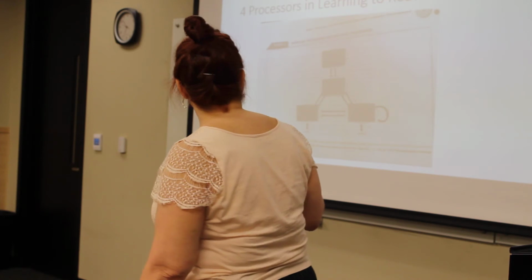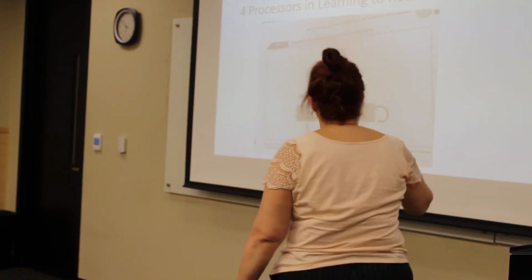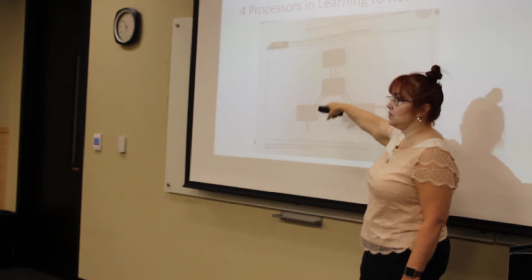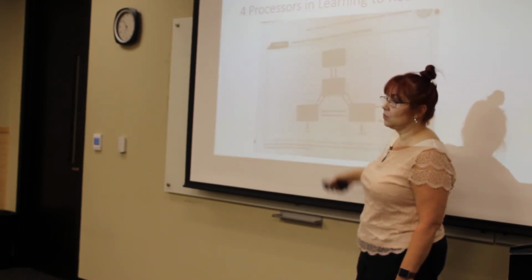And you don't really have to have it with me telling you, but just know that they interact together. None of these are in isolation. They all have to be activated in order to read.